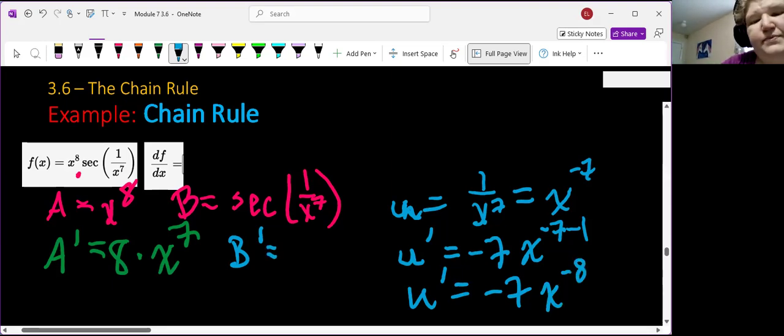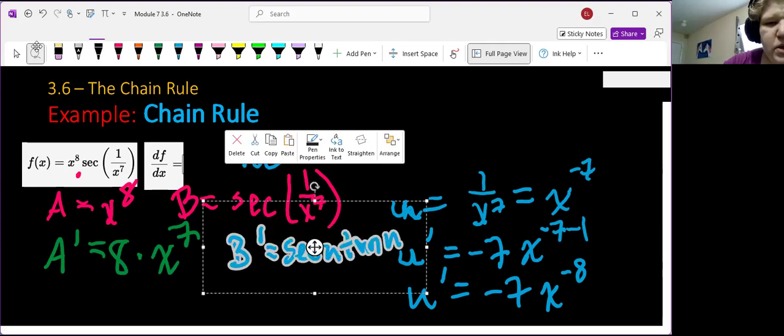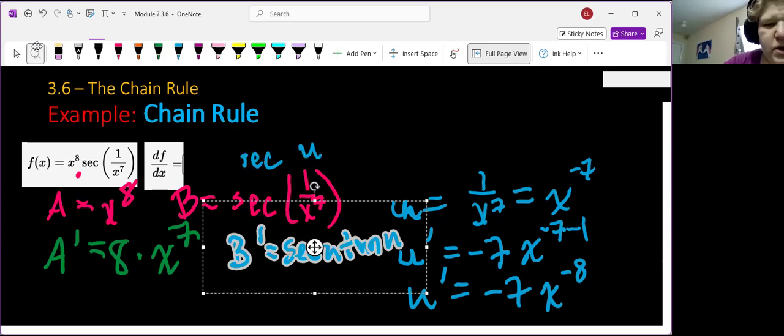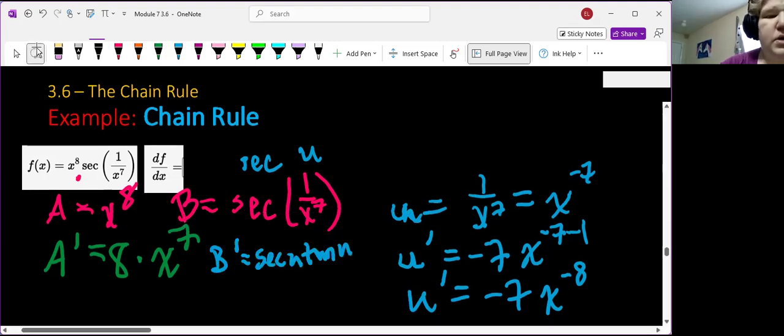So our b prime, b is secant of u. So b prime is the derivative of secant, which we saw earlier today, secant tangent. So secant u, tangent u. I'm running out of room. Times u prime.